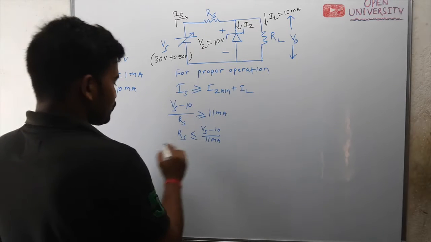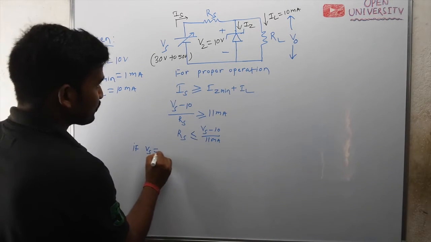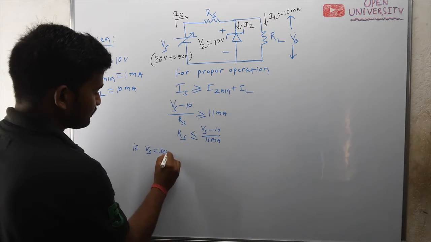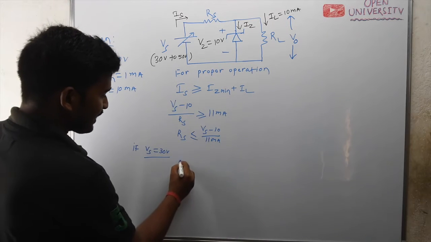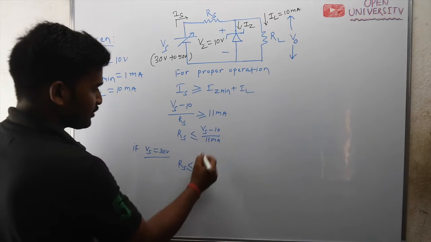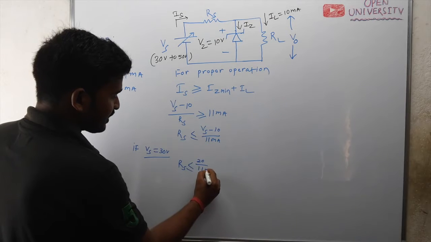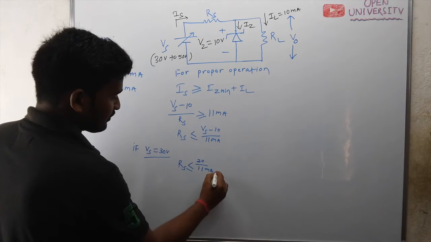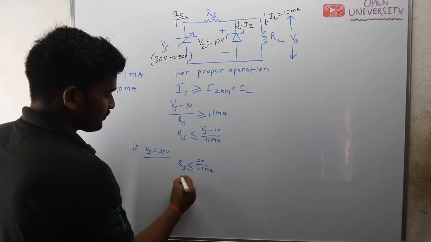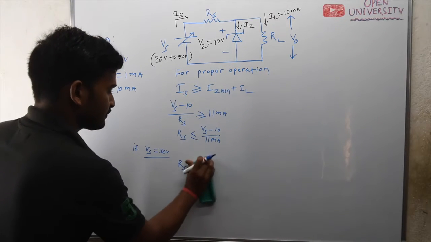If you substitute, if Vs equals 30 volt, then Rs will be less than or equal to (30 minus 10), that is 20 by 11 milliampere. You can write like this.